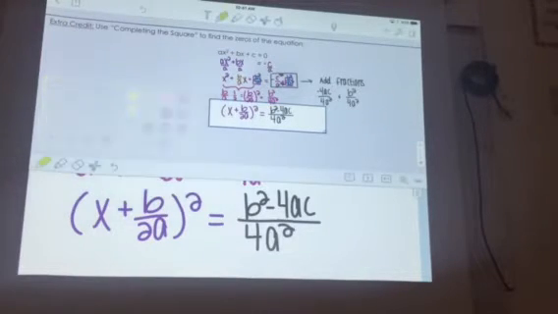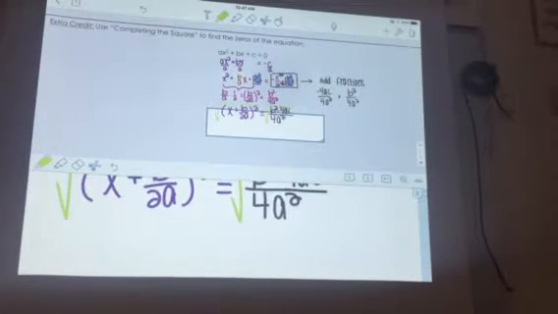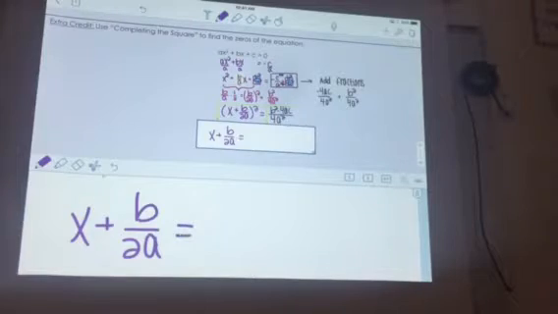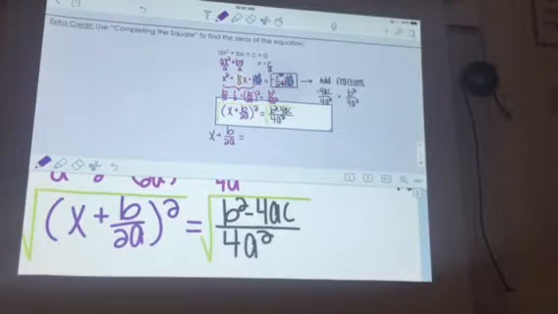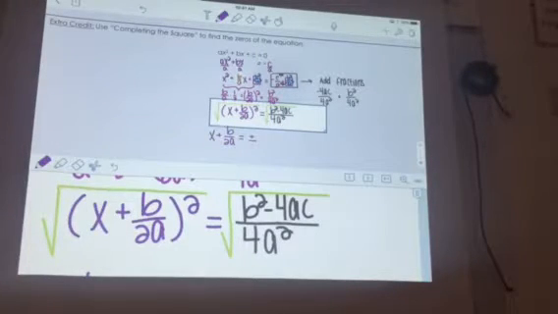So we'll take the square root of both sides. And that would end up giving us, on the left-hand side, we would just write x plus b over 2a. And on the right-hand side, when you take the square root of a fraction like this, you can separate the square root, the radical, do the square root of the top and the square root of the bottom. Make sure though we have the plus or minus, because we took the square root to solve this equation.